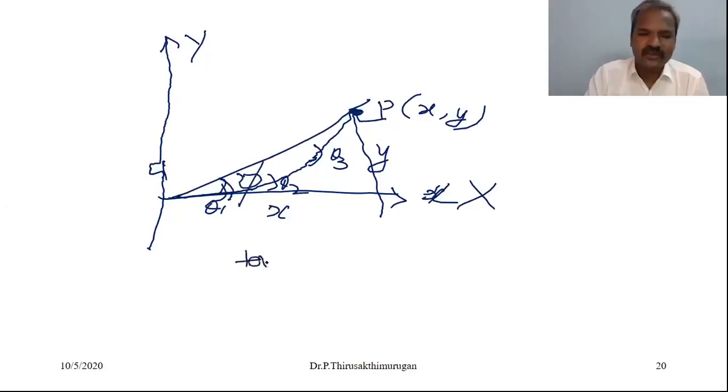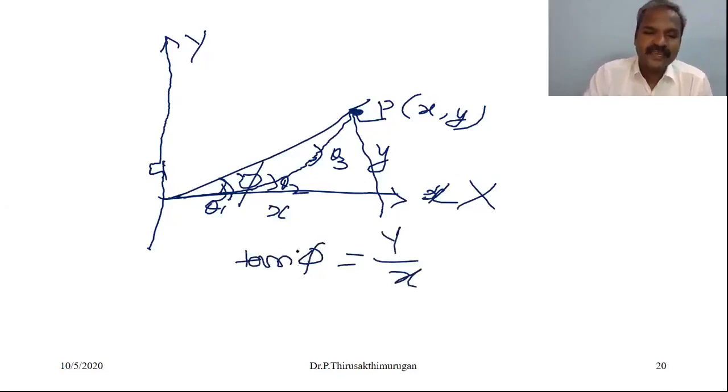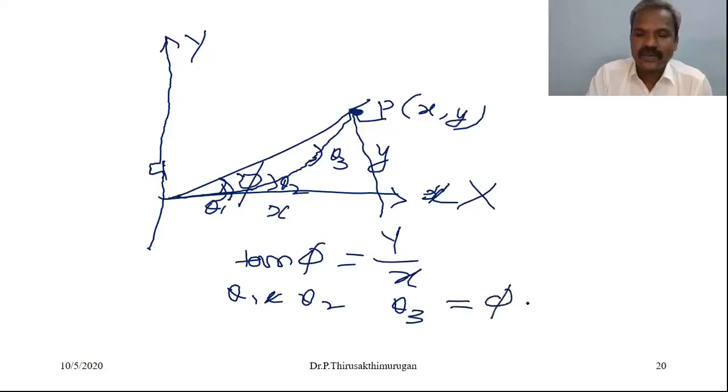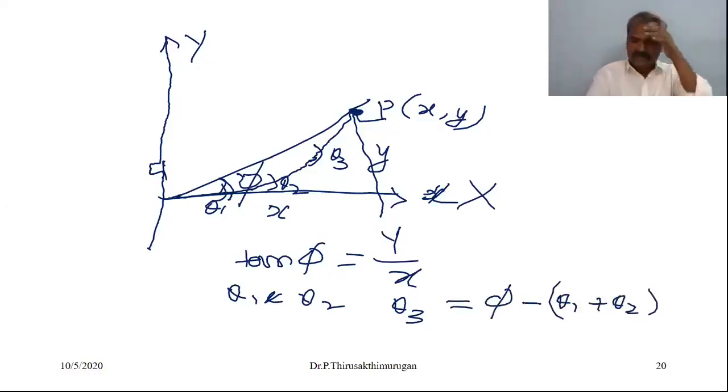Tan phi equal to y by x. So phi, we can easily determine from the relation. So by knowing phi, by knowing theta 1 and theta 2, you can easily determine theta 3. So theta 3 equal to total angle minus theta 1 plus theta 2. This is reverse kinematic solution for 3 degree of freedom robo.